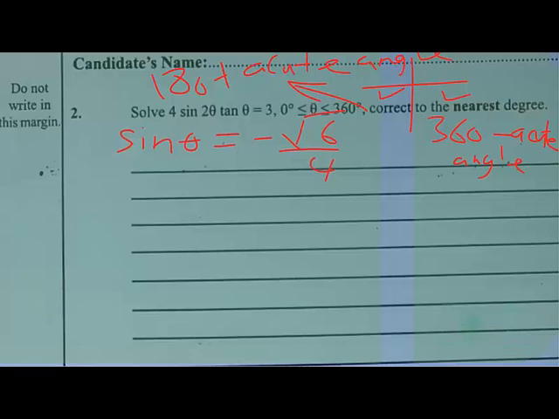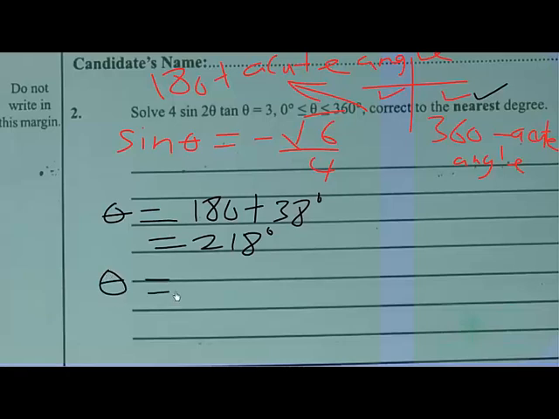So theta in the third quadrant will be 180 plus 38 degrees, which gives us 218 degrees. Then in the fourth quadrant, theta will be equal to 360 minus the acute angle, 360 minus 38 degrees, and that will give us 322 degrees.